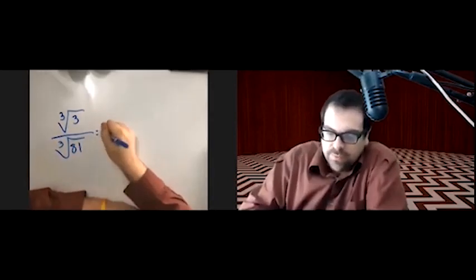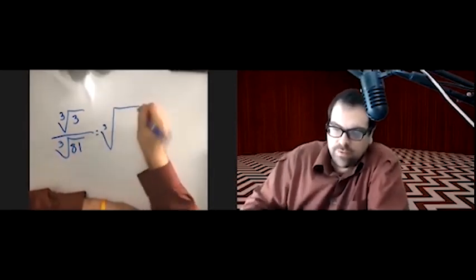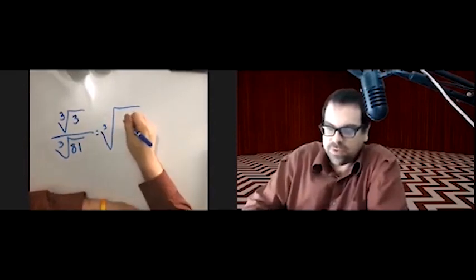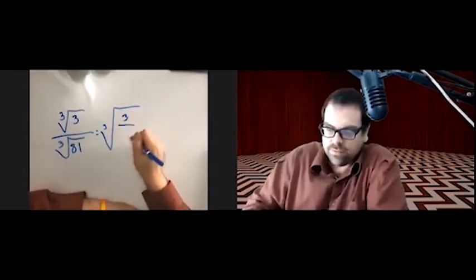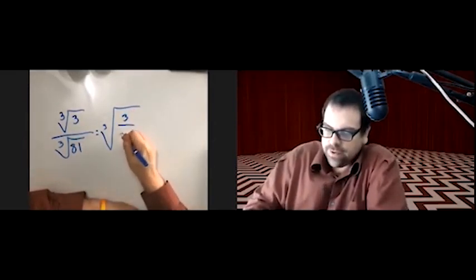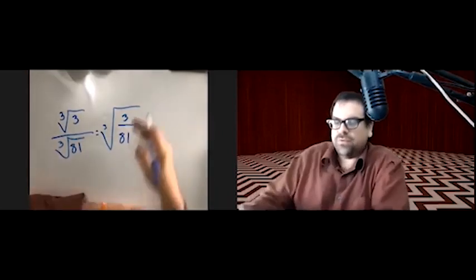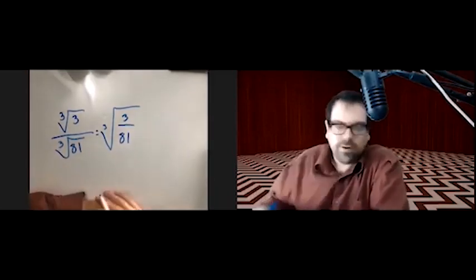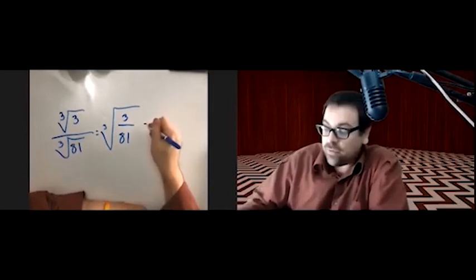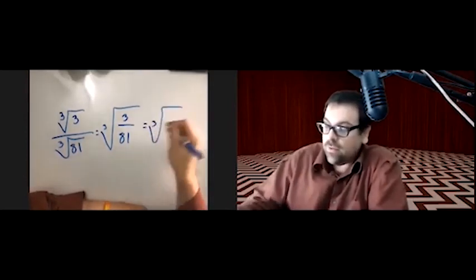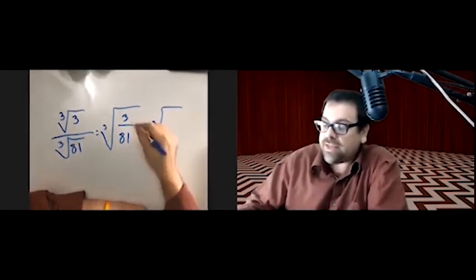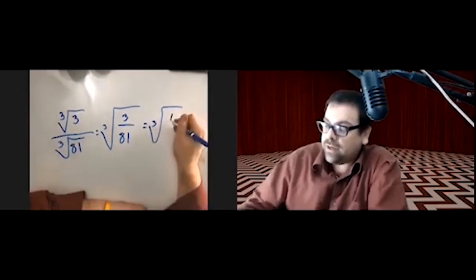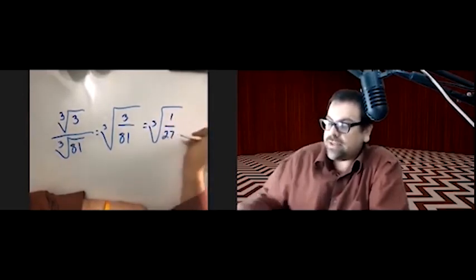We do have this property, though, that we can combine when we're multiplying or dividing radicals. So this is the cube root of 3 over 81, which is a fraction that can be reduced. 3 over 81, we can divide top and bottom by 3 and get 1 over 27.